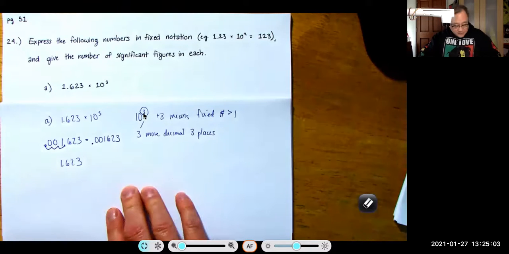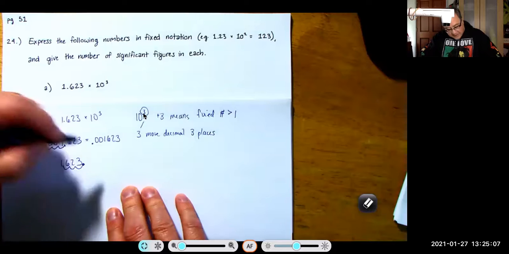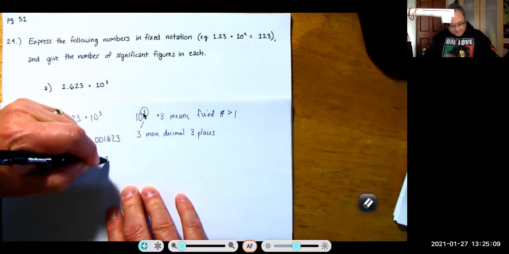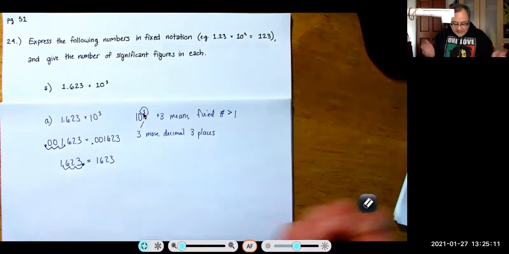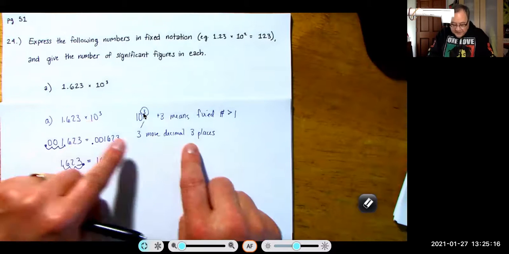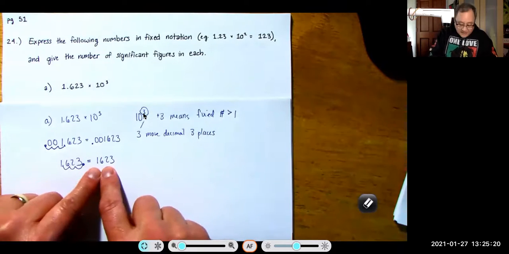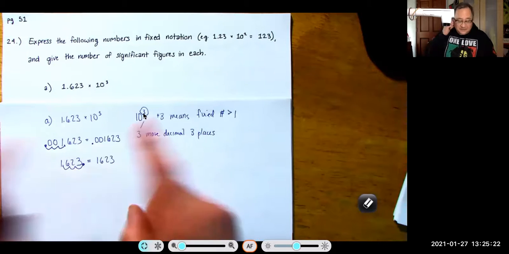And if I move the decimal in the opposite direction and leave it there, I get 1623. So which of these is correct? The answer is, well, that plus 3 means that the fixed number should be greater than 1. The second one is greater than 1. The first one is less than 1.